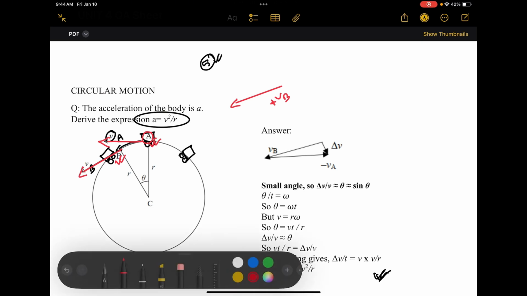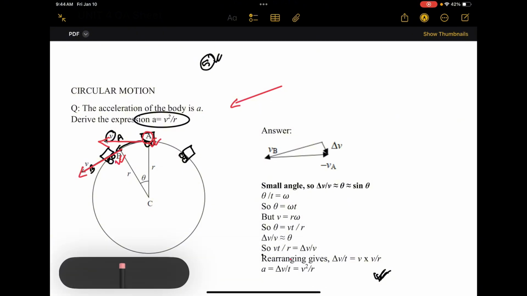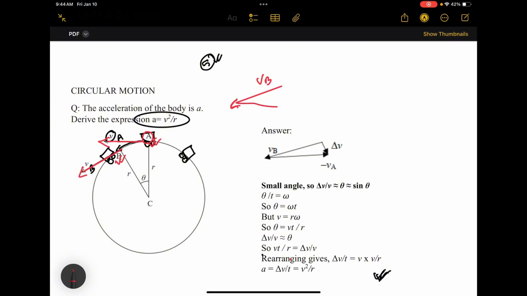Now we will add VA to the head of VB, connecting the head of VB with the tail of VA. So now we will draw it like this.